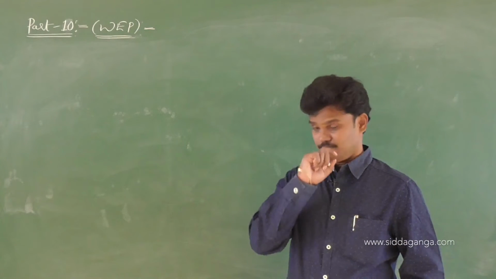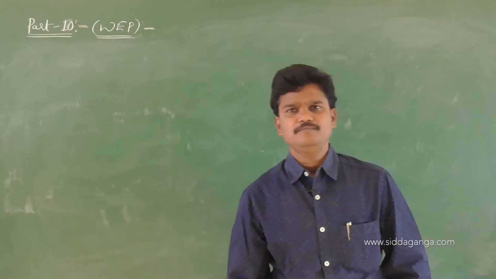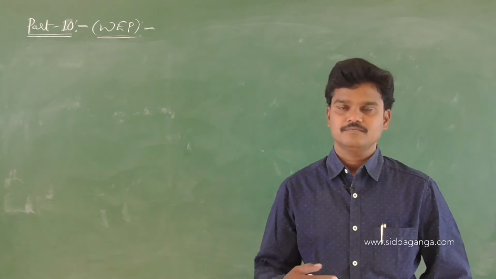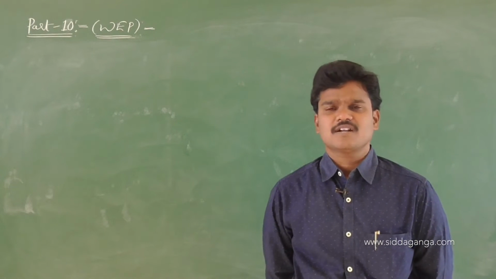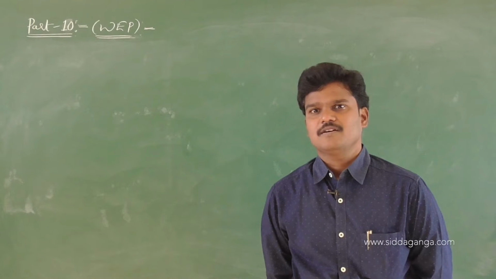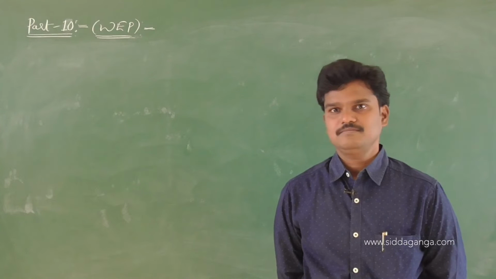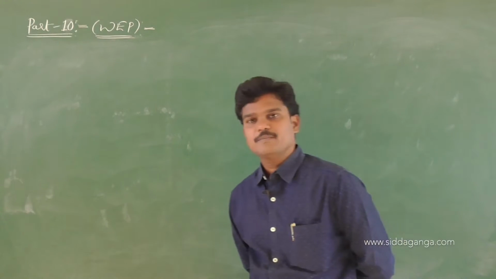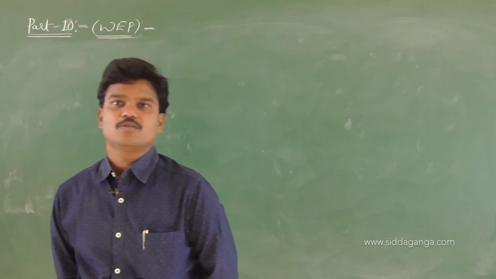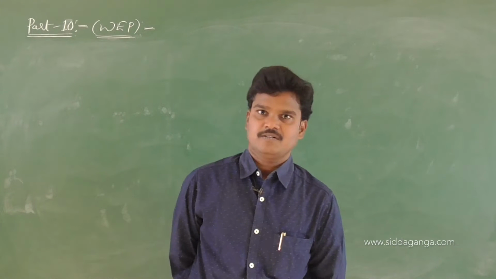Okay, and on the basis of direction of motion, collisions are classified into two types. One is one-dimensional collision, otherwise head-on collision, and another one is two-dimensional collision, otherwise we can call it oblique collision.